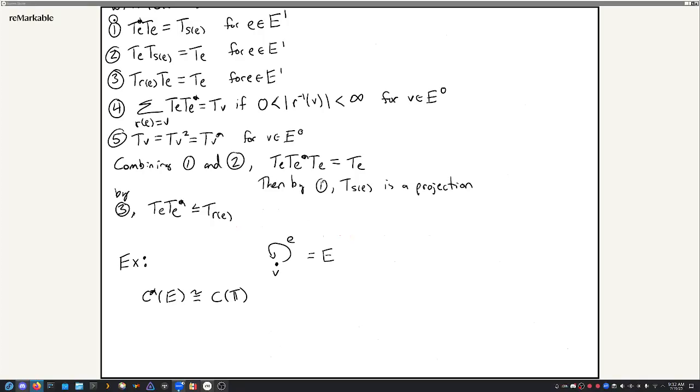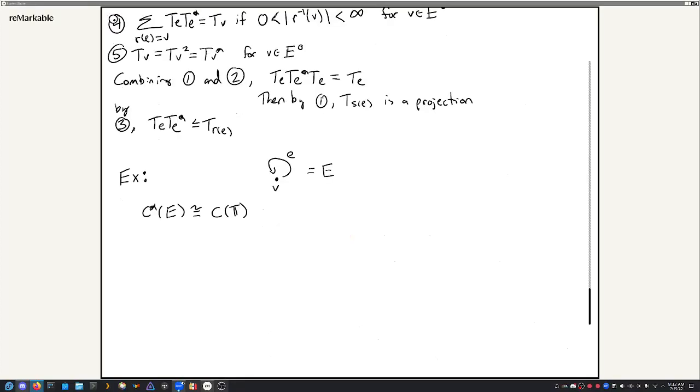Here's another useful example: you could take a graph with n vertices all connected in a line with edges.